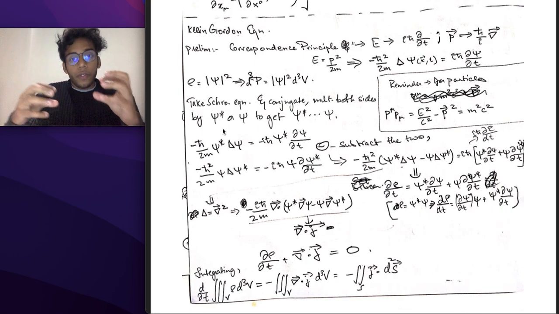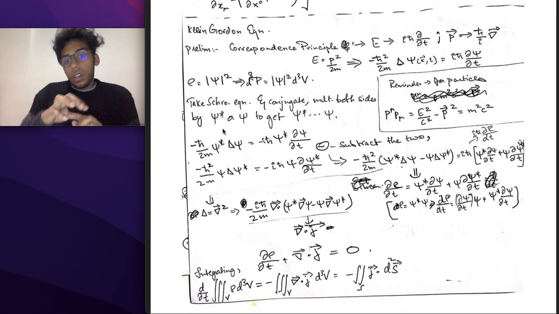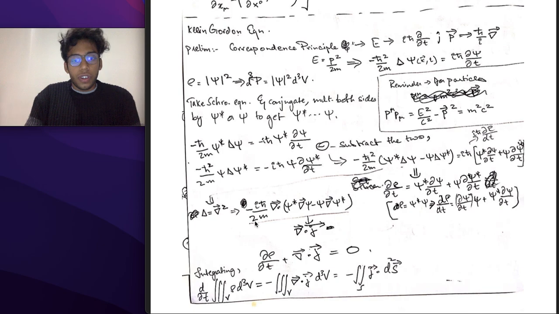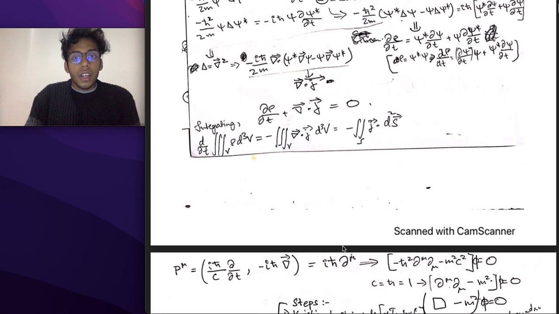So you have two equations, and you subtract them to get a new equation. Ideally we get the conservation of charge, so the flux is governed by the divergence of the charges.